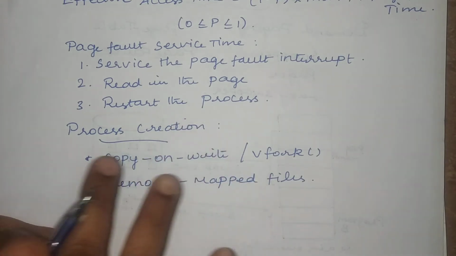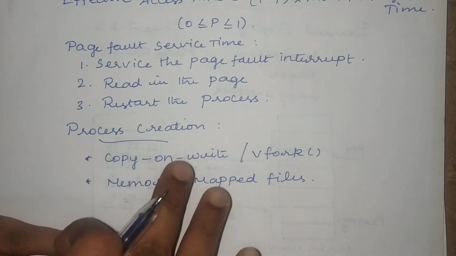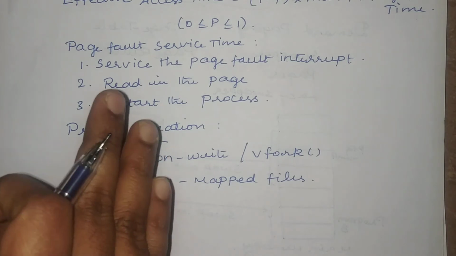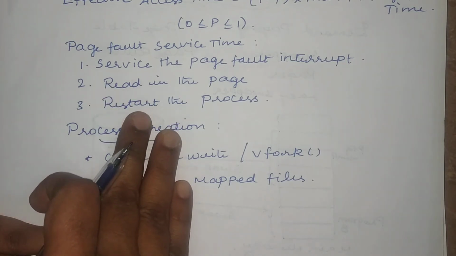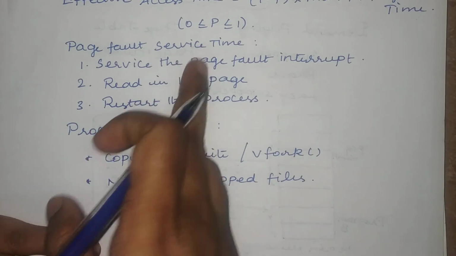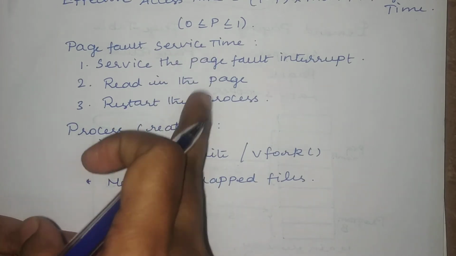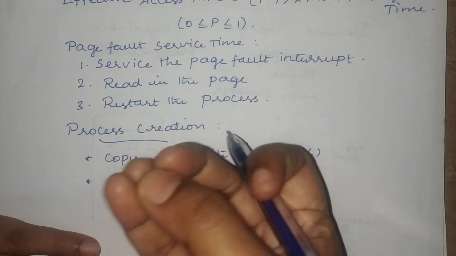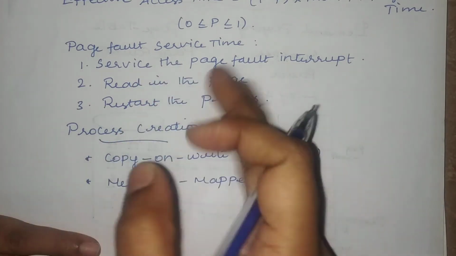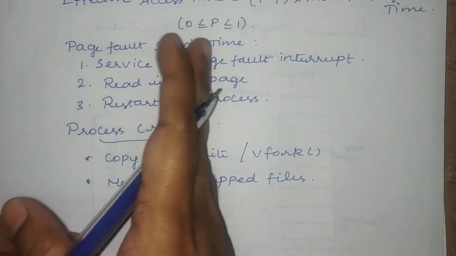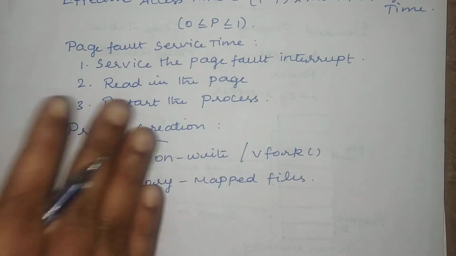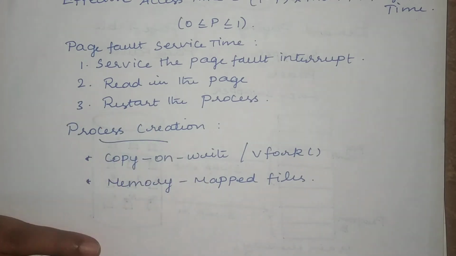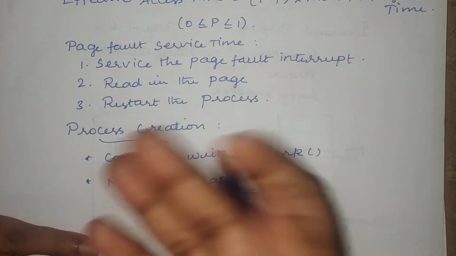We have come across many steps to be followed if a page fault occurs, but these are the three major steps, and the corresponding time taken to execute these three steps is the time taken if a page fault occurs in the system. With this time we need to add the regular time for executing any process that does not need a page fault, right?